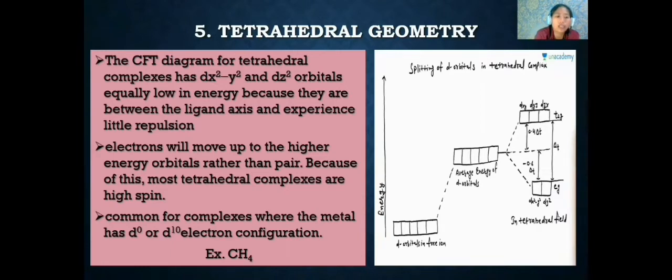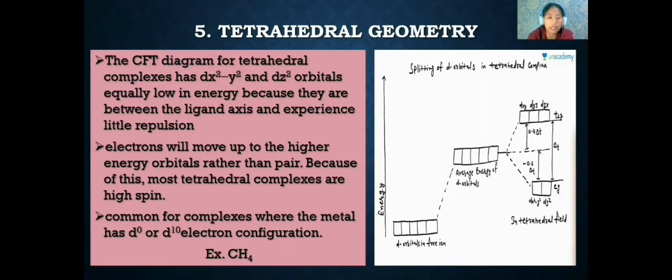Then electrons will move up to the higher energy orbitals rather than pair. Because of this, most tetrahedral complexes are high spin. This is more common for complexes where the metal has a d0 or d10 electron configuration.